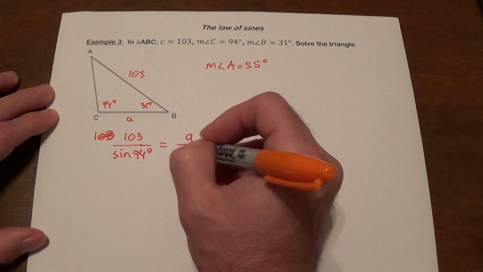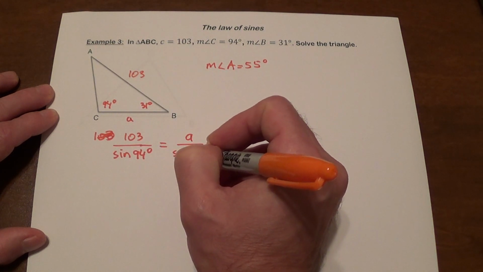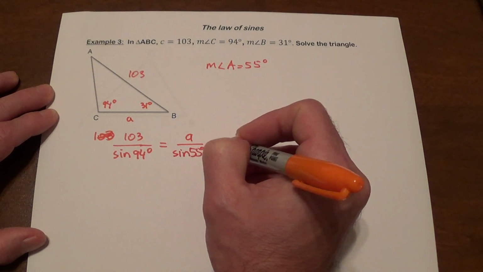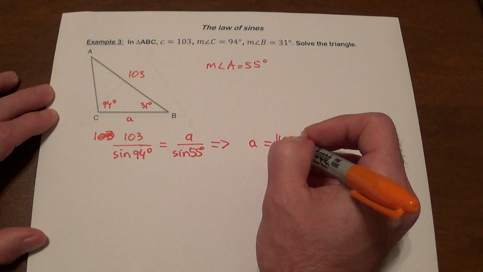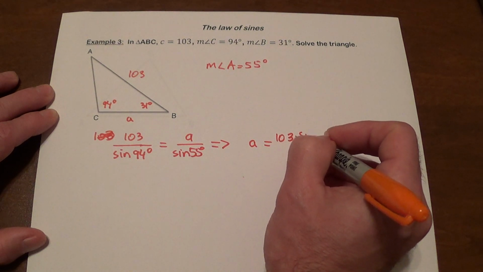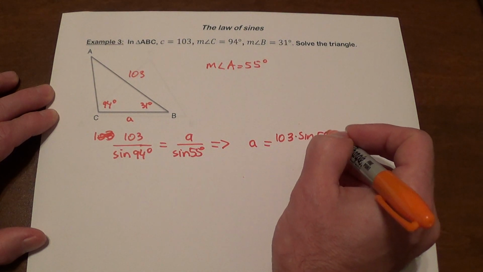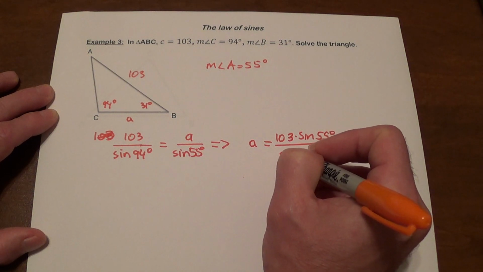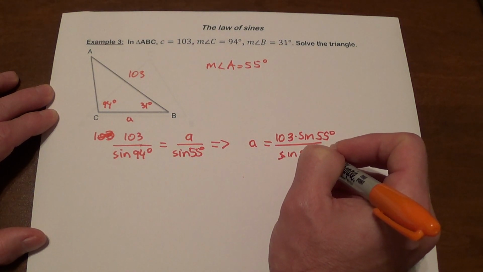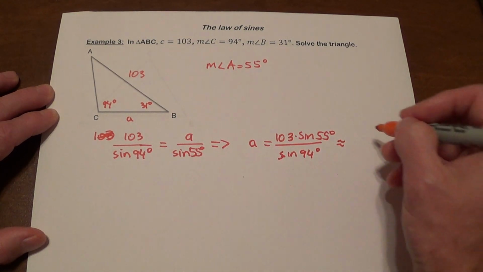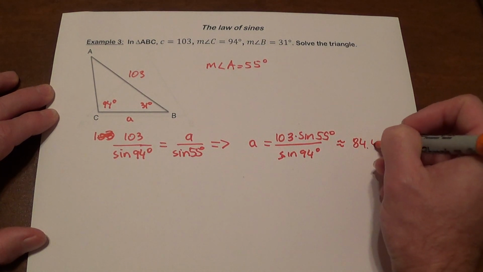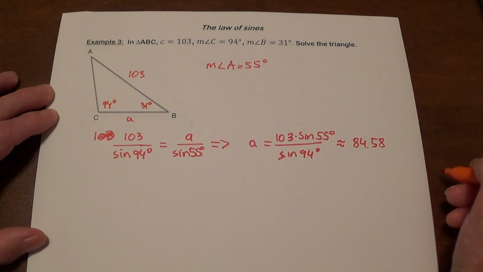A divided by sine A, which is sine 55 degrees. From this we can write that A equals 103 times sine 55 degrees divided by sine 94 degrees, and it's going to equal approximately 84.58, if we round to 2 decimal places.